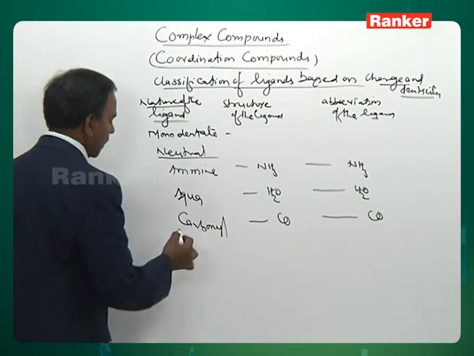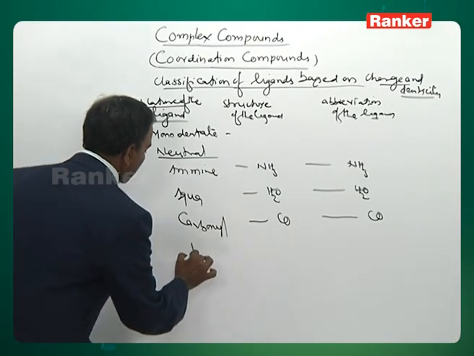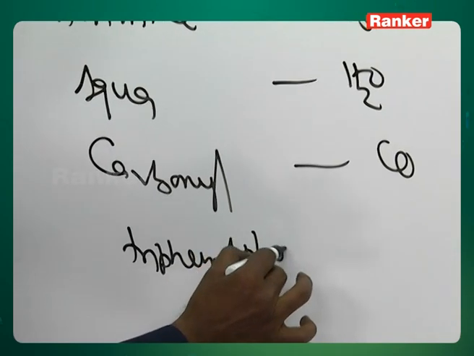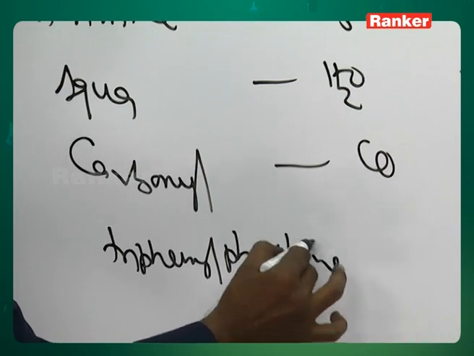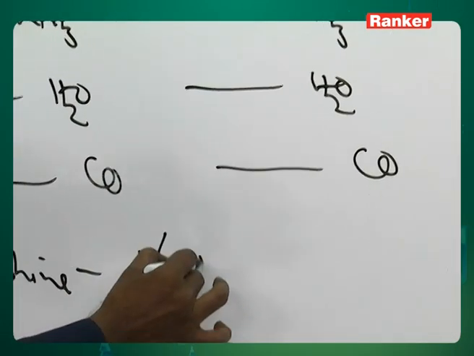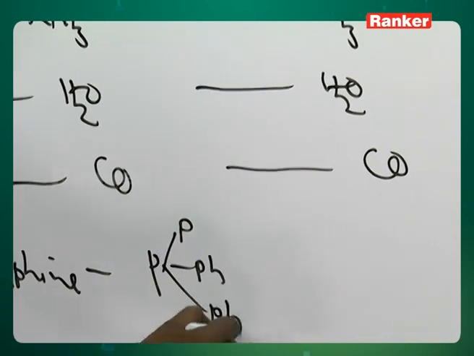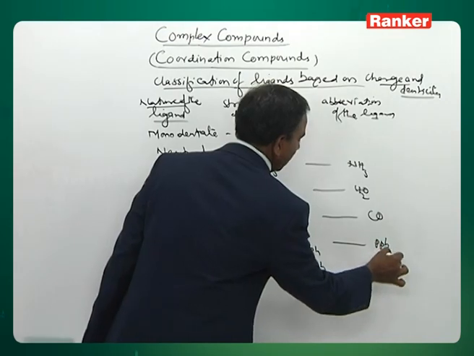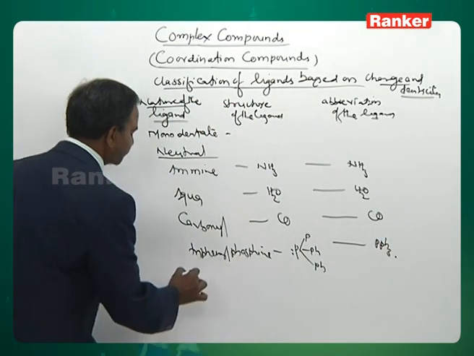Carbonyl and triphenylphosphine, we can say it is PPh3. It is represented simply as PPh3, triphenylphosphine.